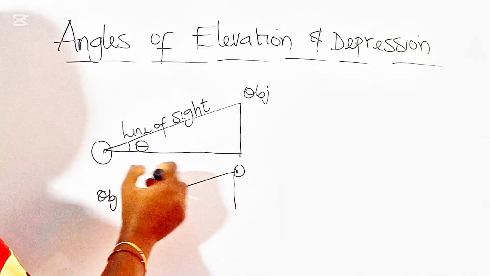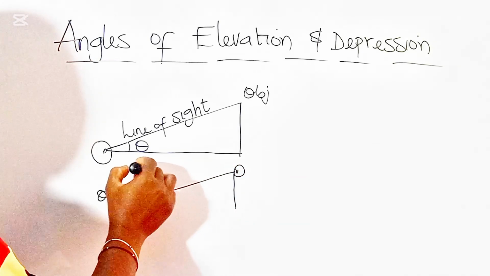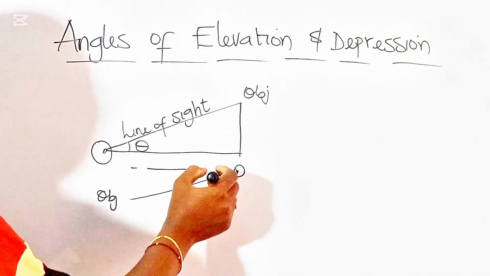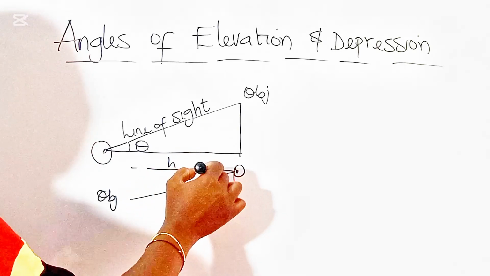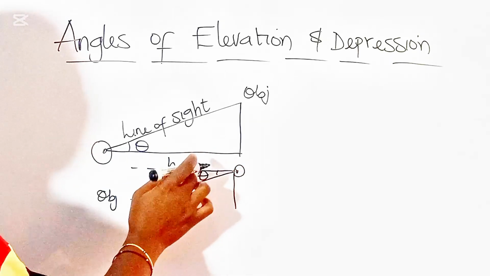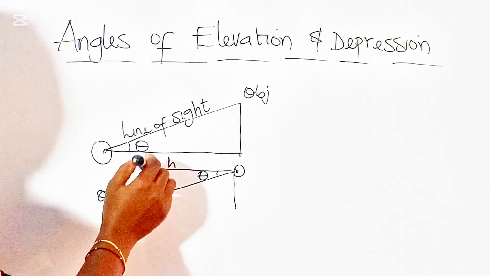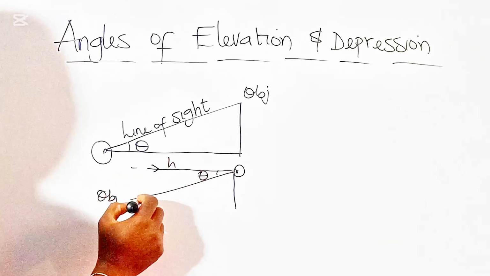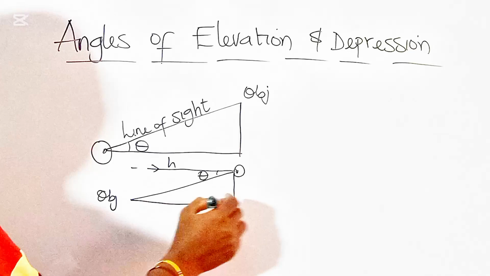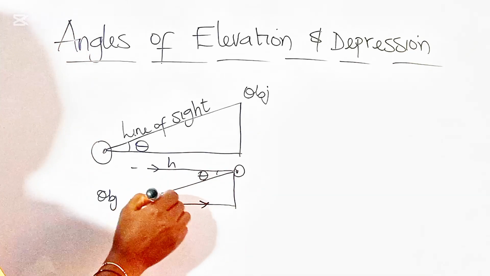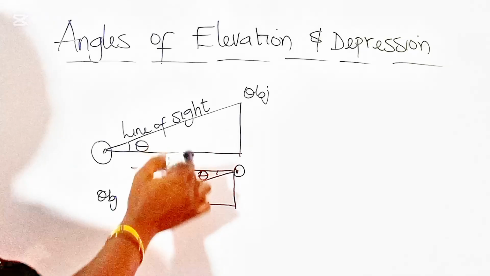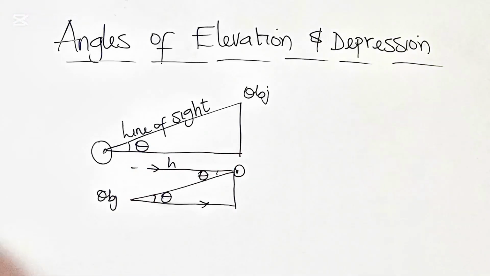So the angle of depression is this angle that is formed between this horizontal and this line of sight. So this angle here, theta, is the angle of depression. And this horizontal is also parallel to this horizontal here. So this angle is also equal to this other angle because they are alternate angles.